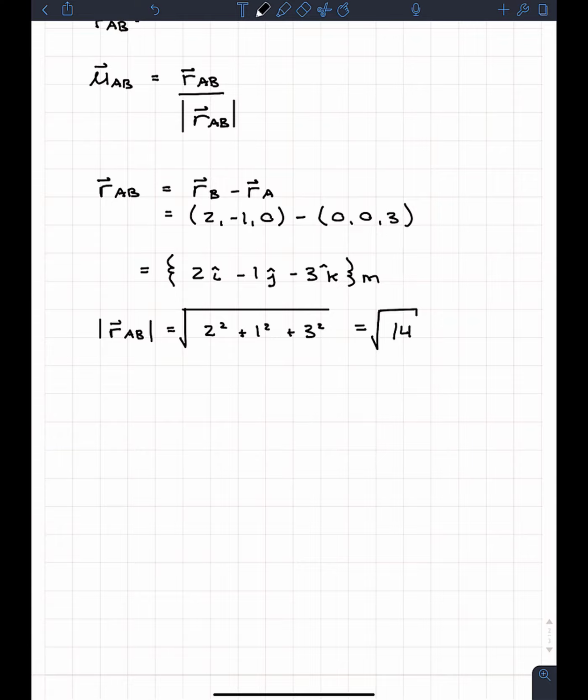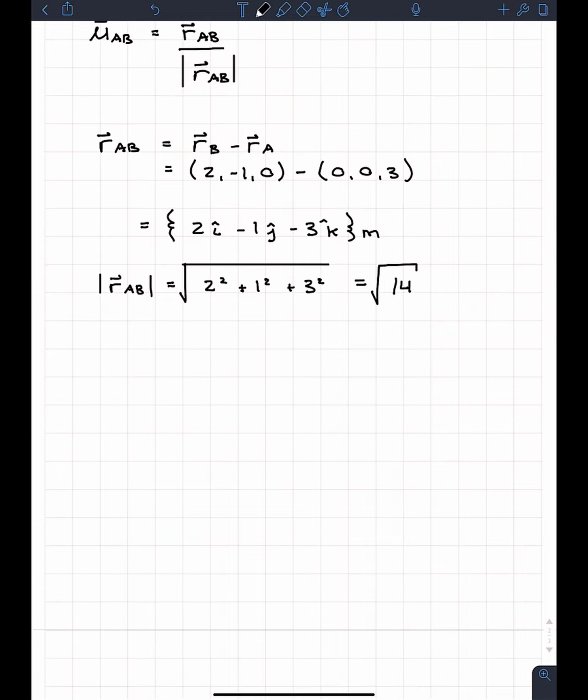So for my unit vector, what I'm going to do is I go unit vector AB, and now it's up to you. So this is completely up to you. You guys can put it in decimal form, you guys can leave it as something over root 14, it doesn't matter.